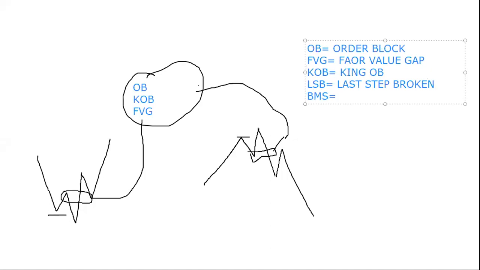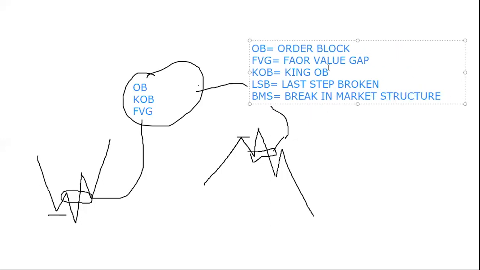I think these are the abbreviations that we have used in this class, right? BMS. Right. So these are what we have used. What again? I guess that is all. LG, I think we use LG. So that's liquidity grab. So these are the abbreviations I will use in this class.